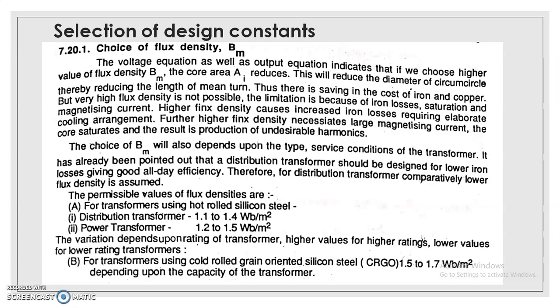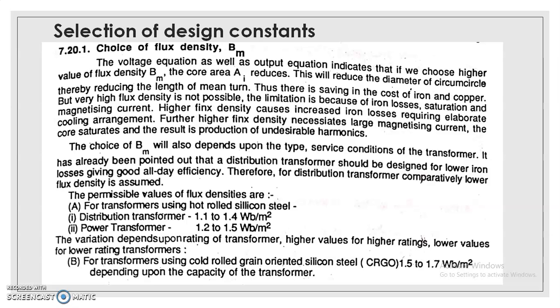Higher flux density means higher flux, and higher flux causes increased iron losses, which may result in core saturation and also production of undesirable harmonics. So we cannot choose a higher value of Bm, nor a lower value of Bm. We have to choose the proper value of Bm so that it is permissible.